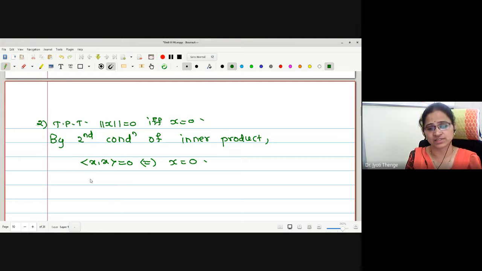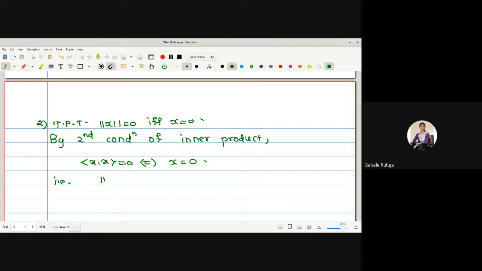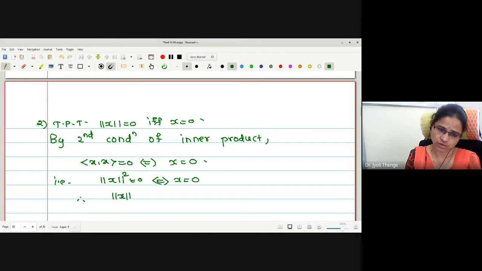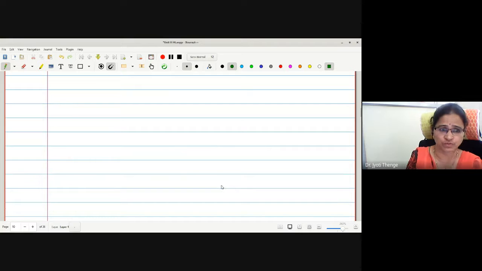What is inner product xx giving us? Norm square x actually. And hence I can write again, norm x equals 0 if and only if x equals 0. By using the conditions of inner product we were proving the conditions of norm. Right?